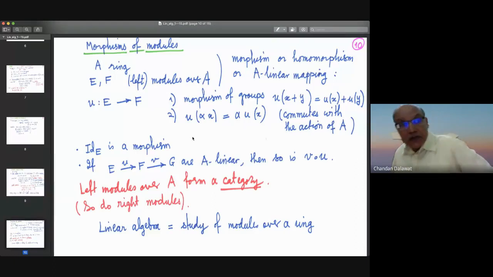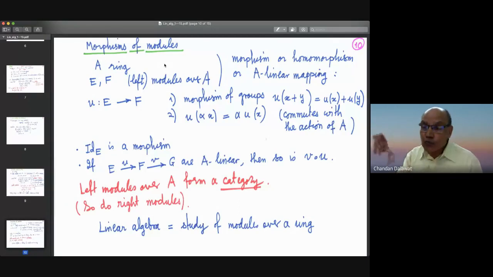Okay. So now, when you talk of morphisms of modules, your ring A is fixed. You have some ring A, and you have two modules, E and F, over that ring. They're both left modules. Now all the modules will be left modules.